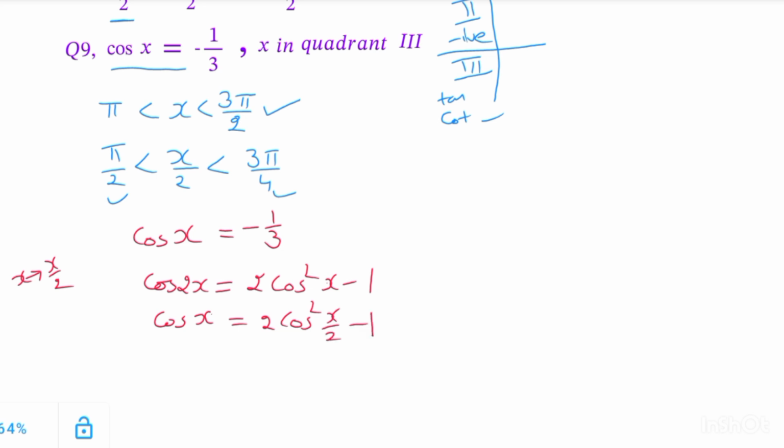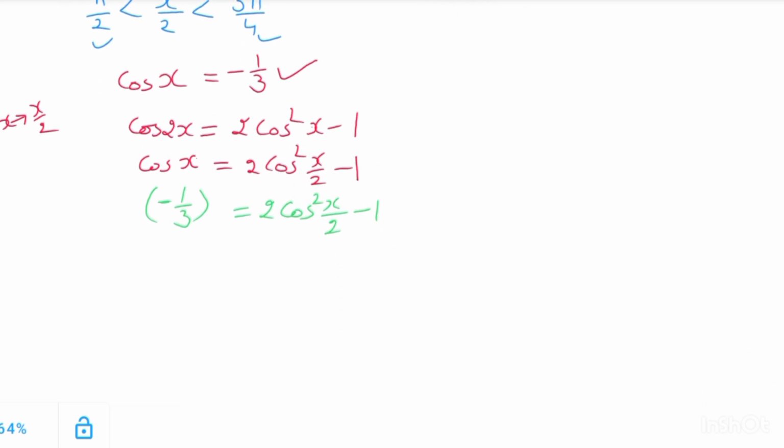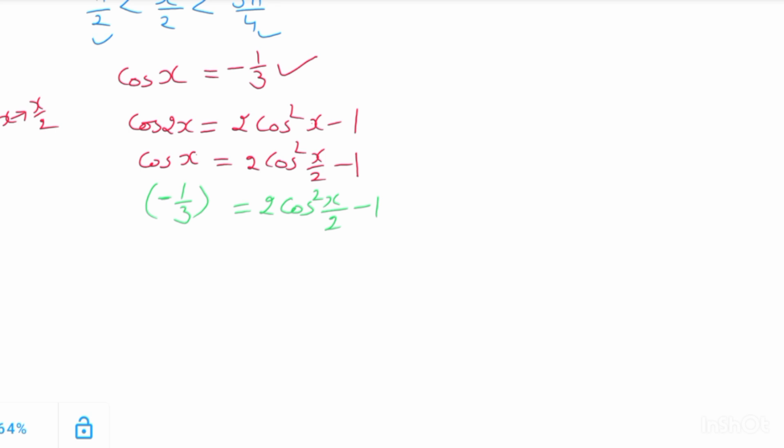Now we will substitute value of cos x in this. So this will become minus 1 by 3 is equal to 2 cos square x by 2 minus 1, and this will be minus 1 by 3 plus 1 is equal to 2 cos square x by 2.